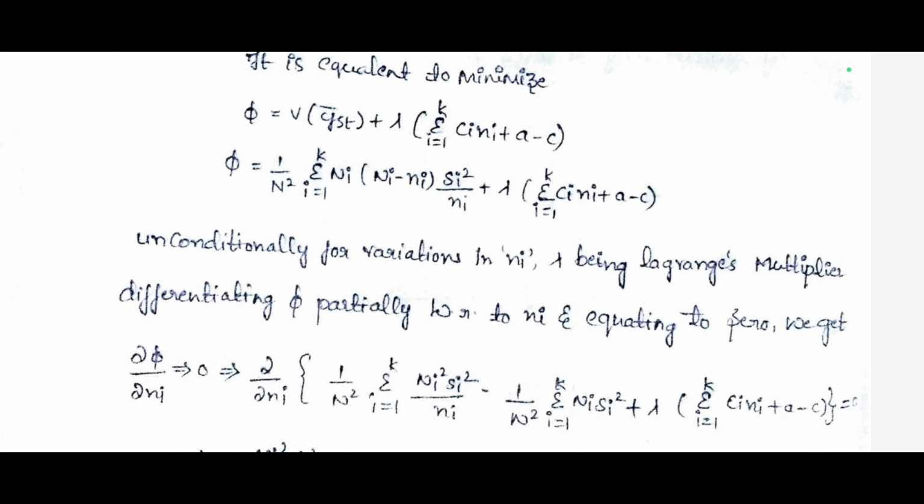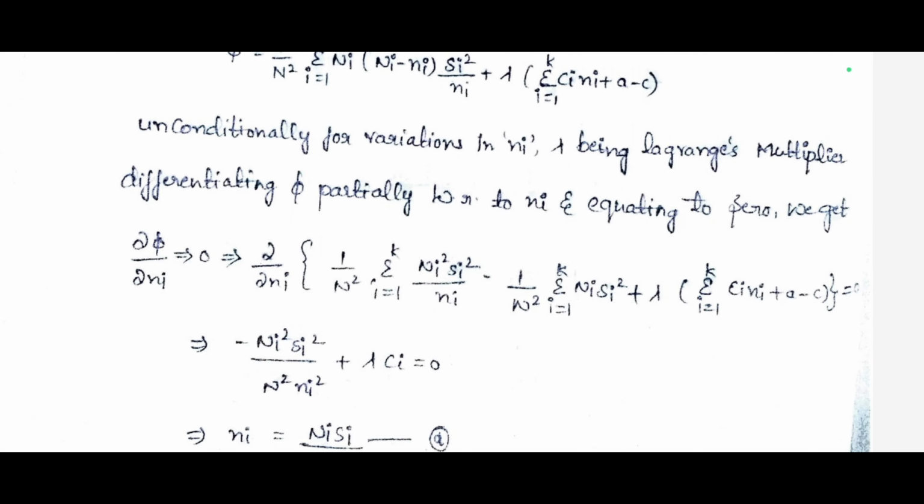Okay, so here, unconditionally for the variations in small ni and lambda, lambda being the Lagrange's multiplier, using partial differentiation with respect to ni and equating to 0, we will get dou by dou ni of phi equals 0.